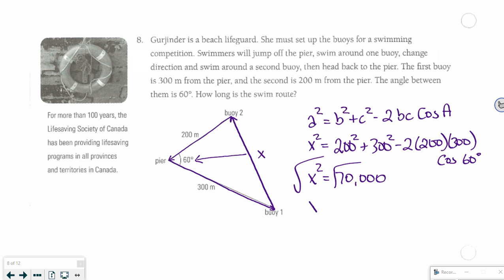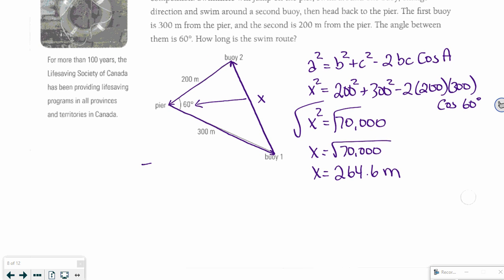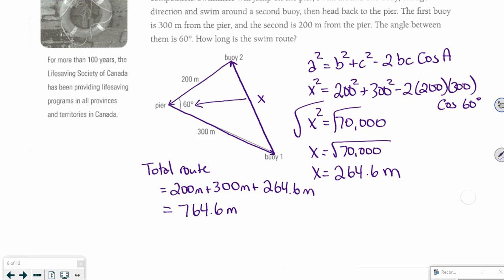Square root of both sides means x equals the square root of 70,000, or x equals 264.6, and it was originally measuring meters, so this is also meters. Not quite done. It wants the total route. So the total route equals the 200 meters plus the 300 meters plus the 264.6 meters. So our total route is 764.6 meters.